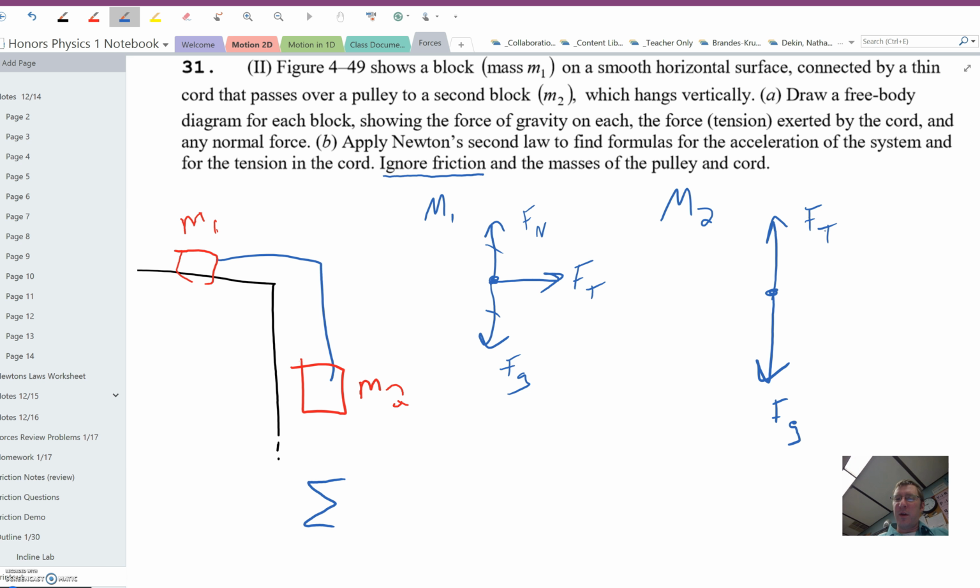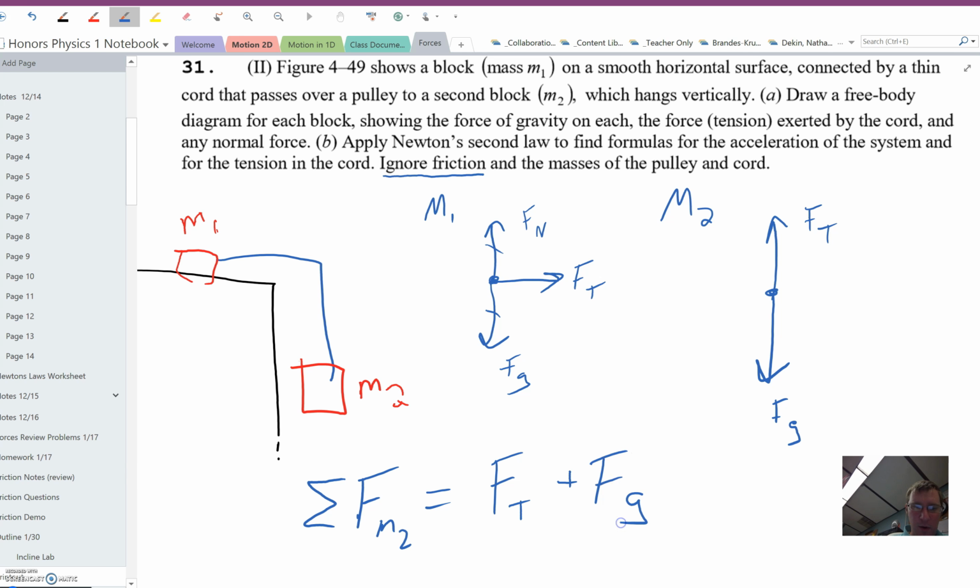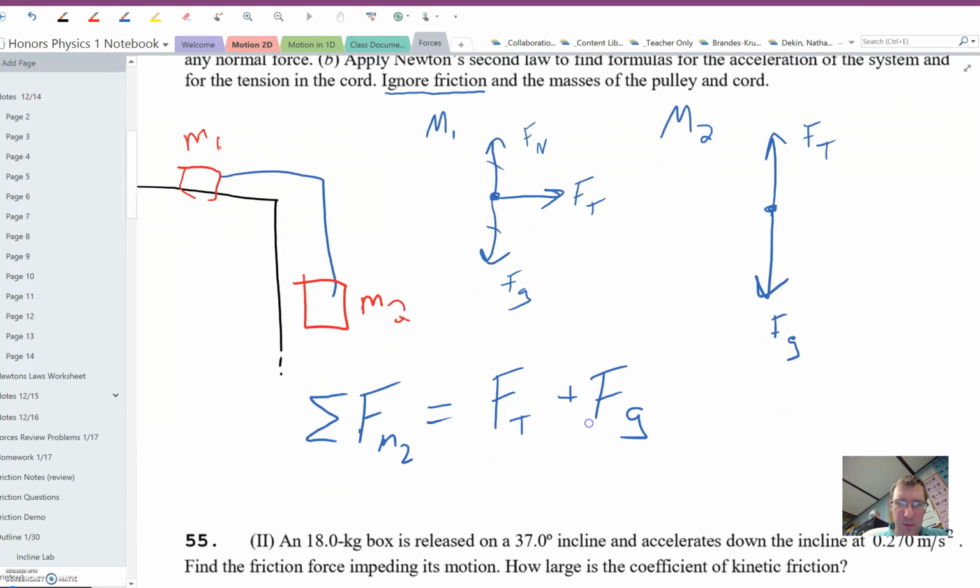We're going to try to figure out how much tension is compared to gravity next. We don't have any values for mass or anything, but we can say the sum of the forces on mass 2 is basically tension and gravity. And the sum of the forces on mass 1 is really just tension.